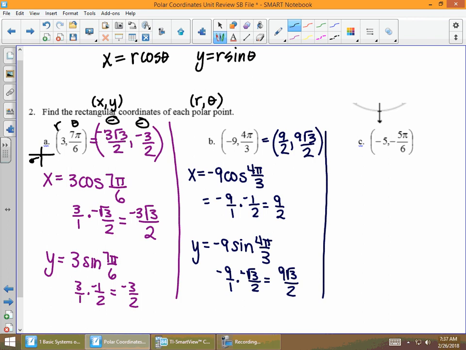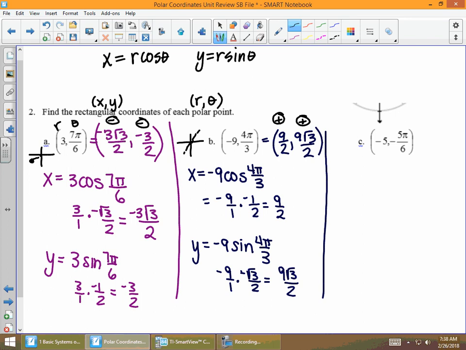For B, when we had negative 9, 4 pi over 3, again, is a third quadrant angle, but negative 9 would take us in the opposite direction. So it does make sense that we ended up with a positive x coordinate and positive y coordinate, to put us back in that first quadrant.